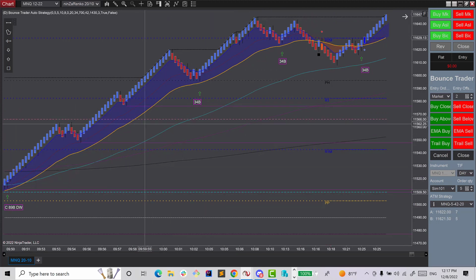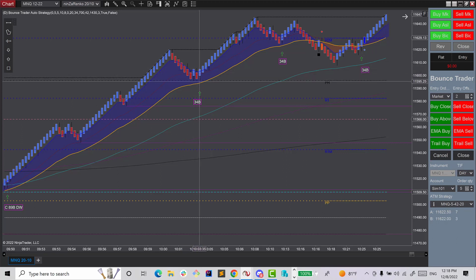Then price continued up for almost 10 minutes without giving us a signal. It just made a V recovery. So the next one was here. You wouldn't take this trade because it's not close to the 34 EMA, at least not for me, and you have this wick here.